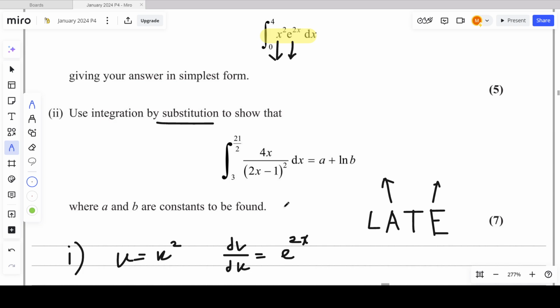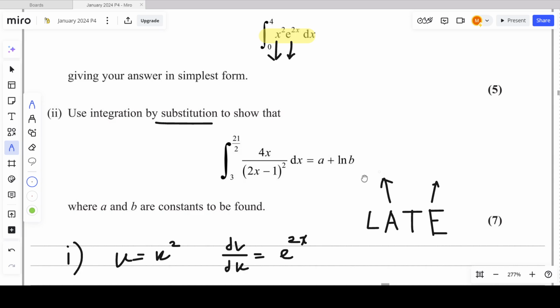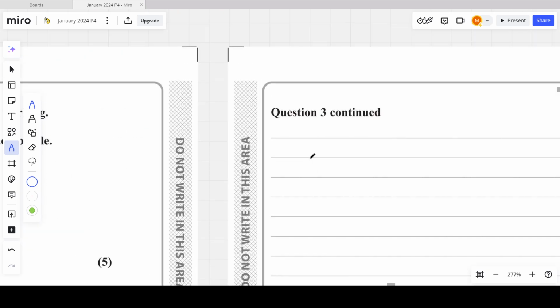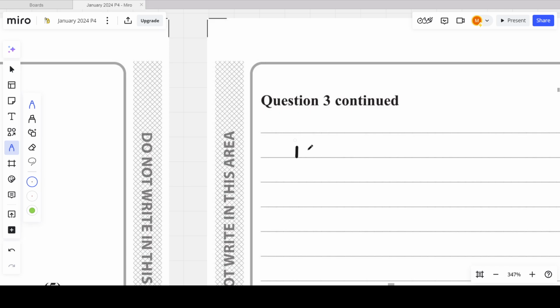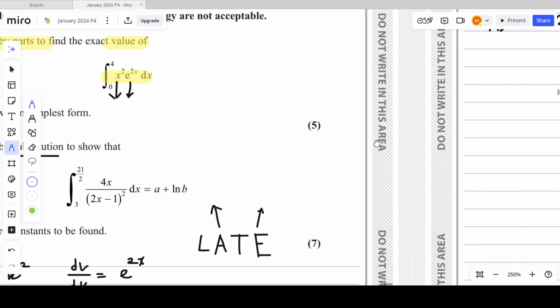Can we take just the part within the bracket as the substitute for u? We can take, right? We can take u equals to twice of x minus 1. Okay, we will use this substitution.